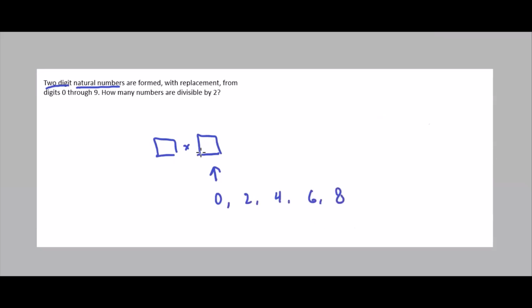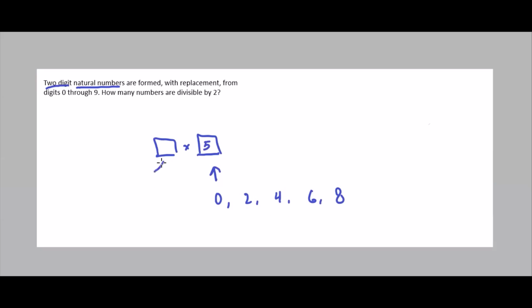Like I said, what I'm going to put in these boxes is how many possibilities there are to meet certain requirements. The second digit in our number has to be divisible by 2, and there are 1, 2, 3, 4, 5. There are 5 things that meet that criteria.